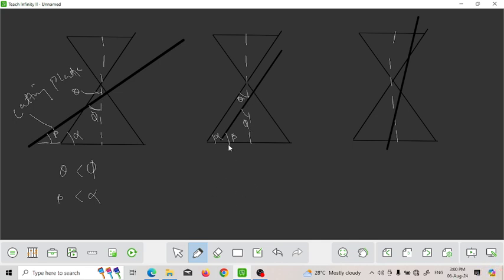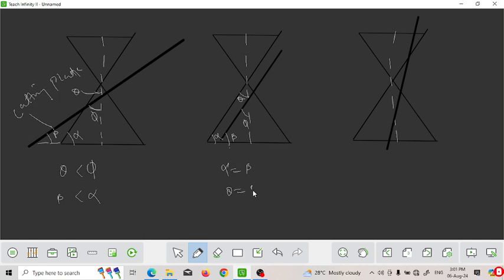Okay, so in this case the end generator and the cutting plane are parallel, so their angles will be the same: alpha is equal to beta. As these are parallel lines cutting the axis line, theta and phi will also be equal.